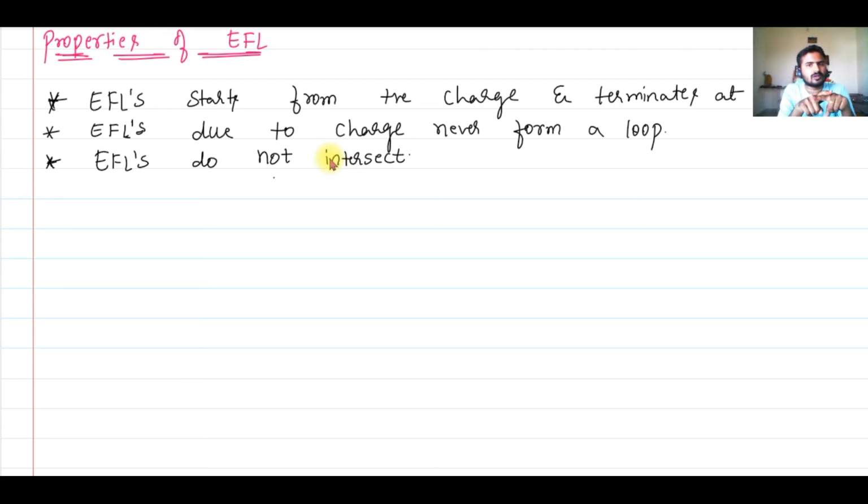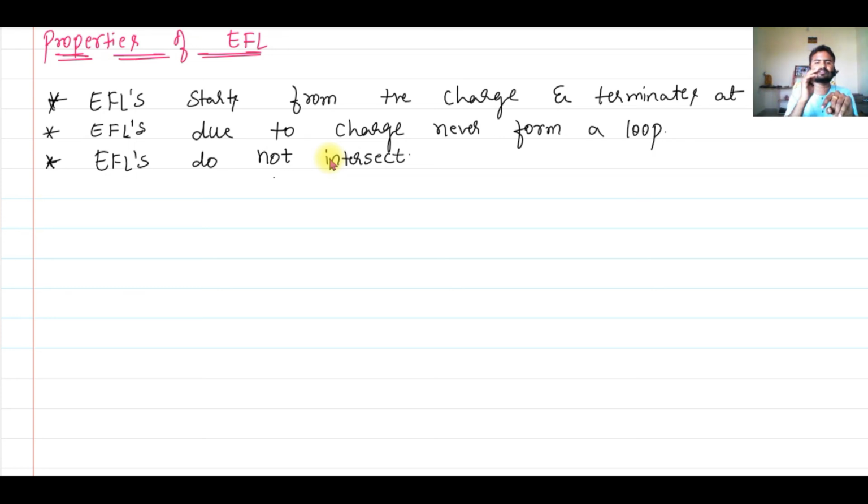Why can't they intersect? They can ask this question in CBSE and even in your PUC or state board exams: why don't electrical field lines intersect each other? Because if they do so, then a charge at that point wherever they intersect cannot have two different directions of motion simultaneously. If I keep a charge at that point, it cannot move in two different directions simultaneously.